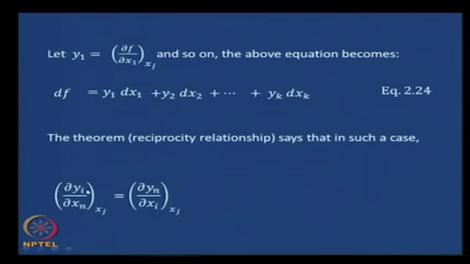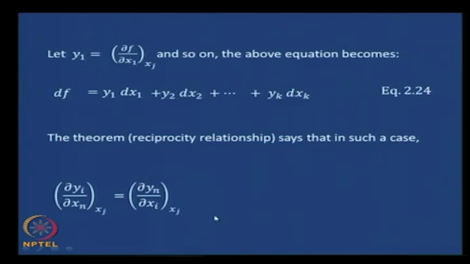For example, if you take i to be 1 and n to be 2, dou y1 by dou x2 at all other xj's remaining constant equals dou y2 by dou x1 at all other xj's remaining constant. It is applicable for any i and any n that is different from i. For example, it could be dou y3 by dou x10 at all other xj's remaining constant equals dou y10 by dou x3 at all other xj's remaining constant.